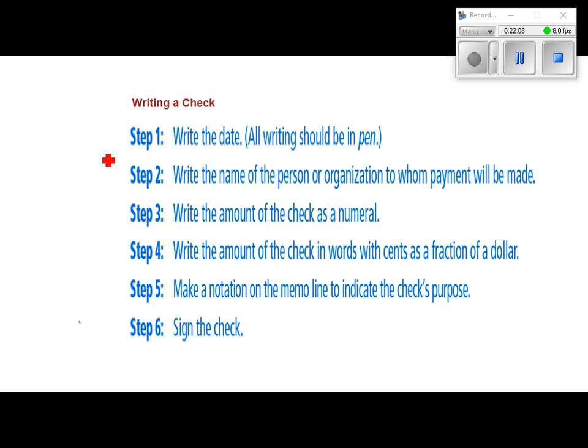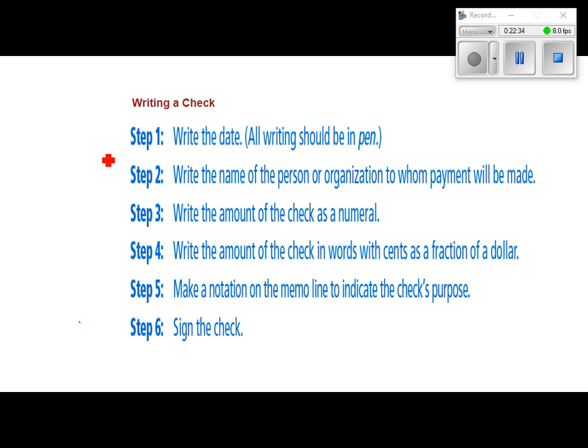All right, when you're writing a check, we talked about this last time. Make sure you write the date in, always write your checks in pen, not pencil, because you can erase it. Write the name of the person, organization, whoever you're making the check out to. Write the amount of the check as a number.